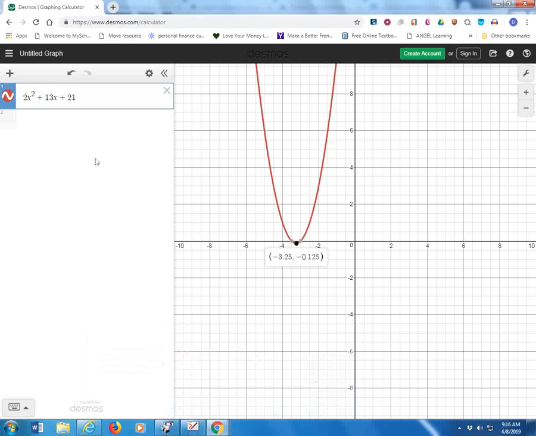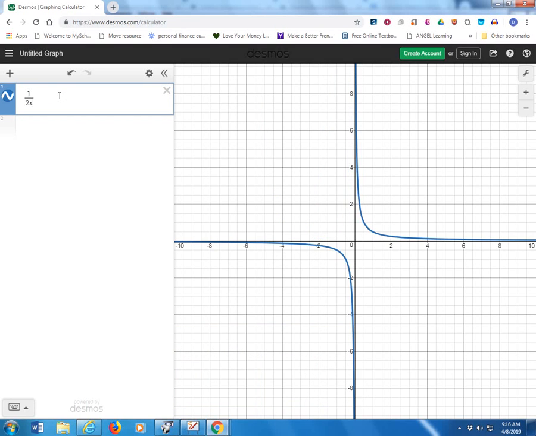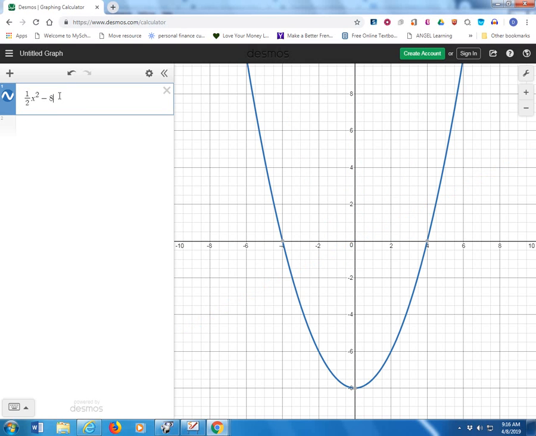So I have 1/2 x squared minus 8. We found the zeros at negative 4 and 4, right? Where is this parabola negative? It's negative everywhere below the x-axis.